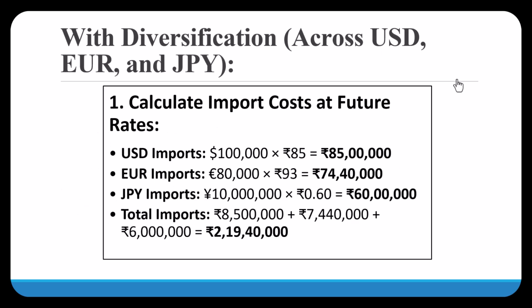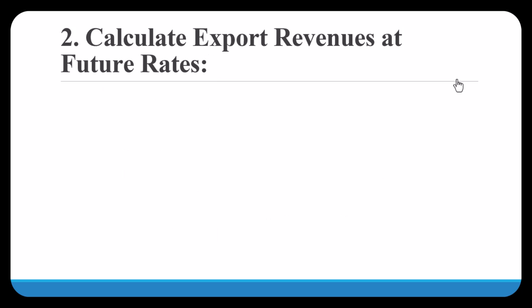Okay. Suppose now we have diversification. Here the import cost would be 2 crore 19 lakh 40,000. Look at the bottom line. We just multiplied the future rates: 1 lakh with 85, 80,000 euros with 93, and yen into 0.6. So it comes to 85 lakhs, 74 lakhs and 60 lakhs. If we add them up, it comes to 2 crore 19 lakhs.